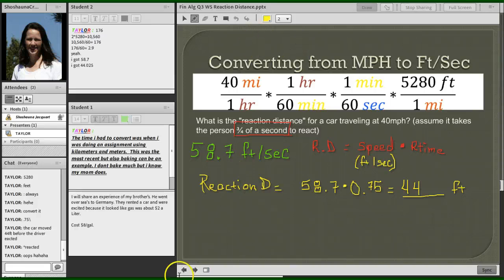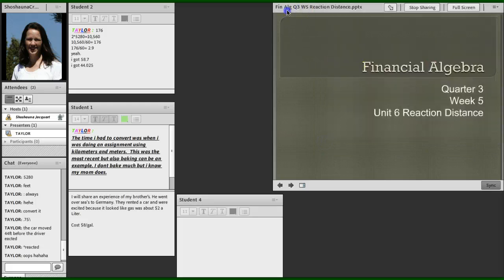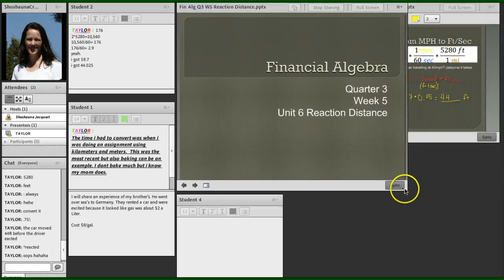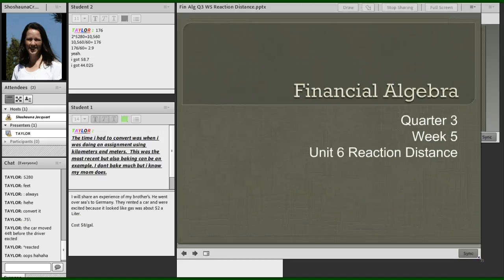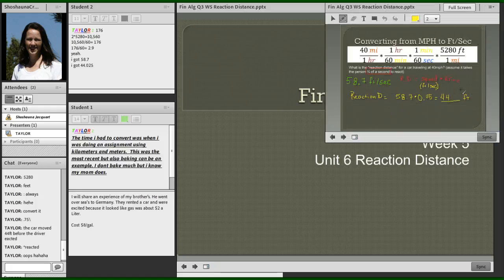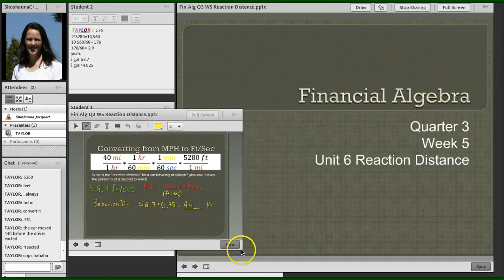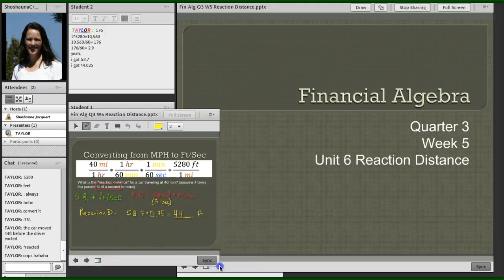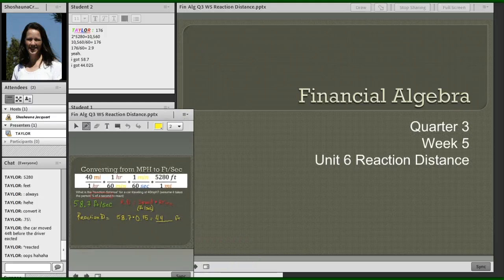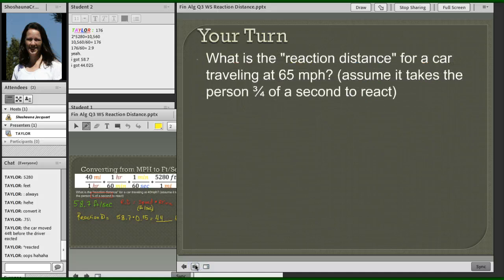I'm going to make this one smaller, and then I've got to bring it back up. Let's put it over here. Then we'll go find the question. Okay, so it's your turn.